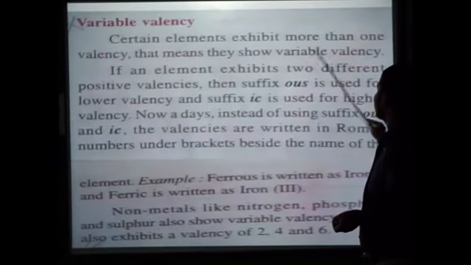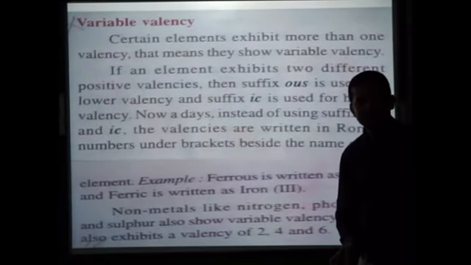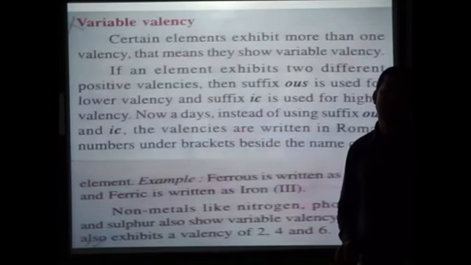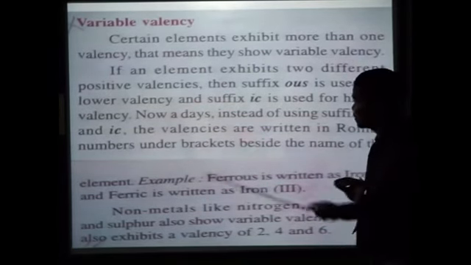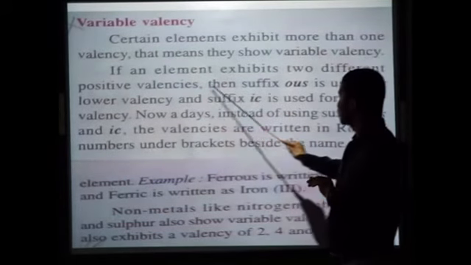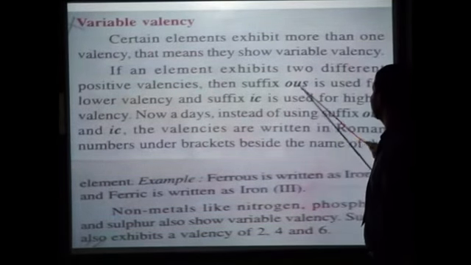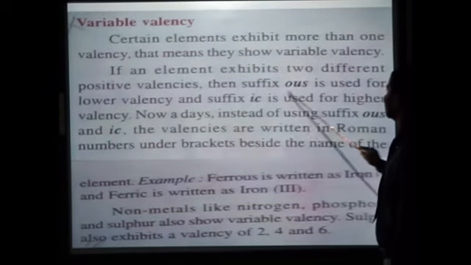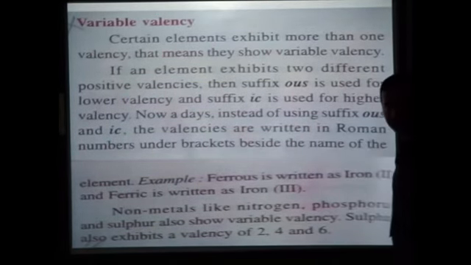If an element exhibits two different positive valencies, then the suffix OUS is used for the lower valency and the suffix IC is used for the higher valency.